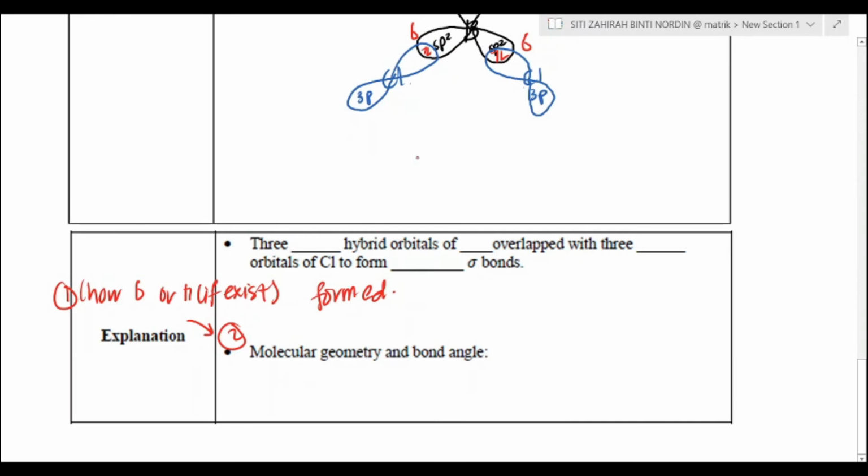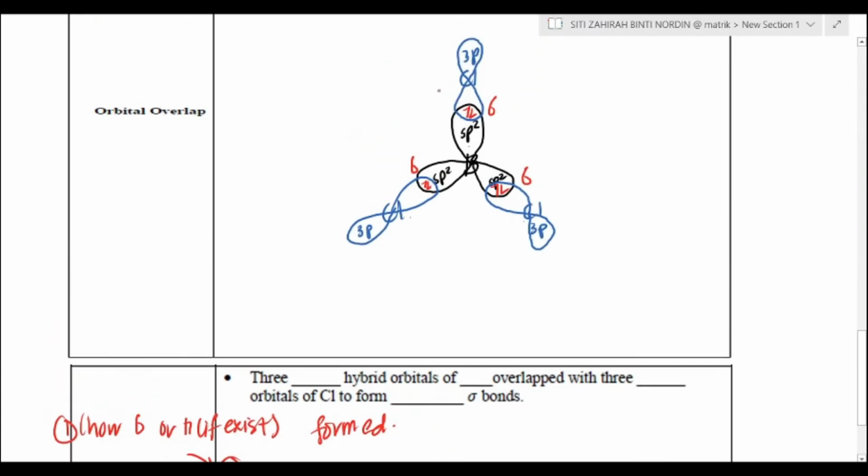So for BCl3, look back at your orbital overlap. 3 sp2 hybrid orbitals of boron overlap with 3 3p orbitals of Cl to form 3 sigma bonds.